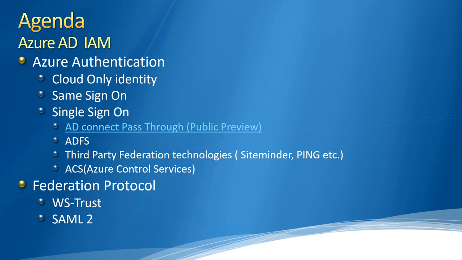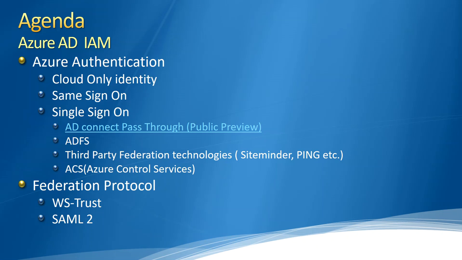The third one is single sign-on, and that's where our focus would be today. There are various ways you can set up your single sign-on. One that we are going to cover today is Azure AD Connect pass-through. That's a new feature, introduced by Microsoft. Otherwise, earlier, if you had to set up your single sign-on, you would use ADFS or any kind of third-party federation technologies.